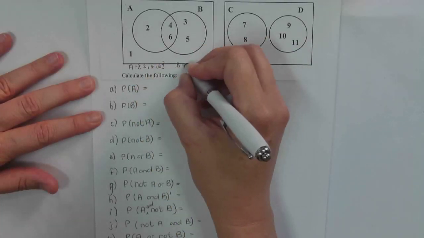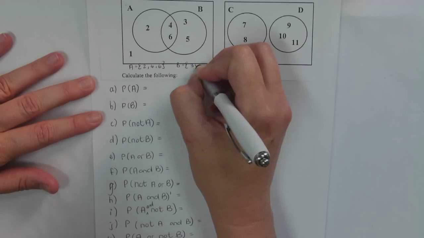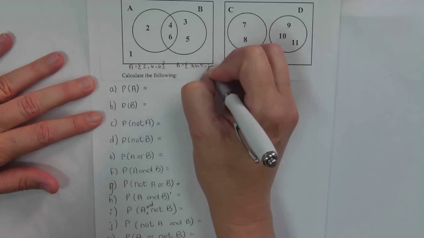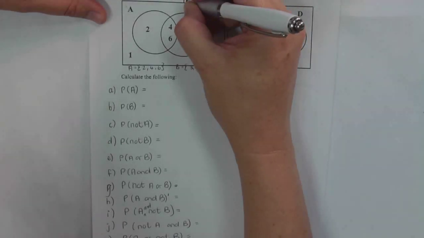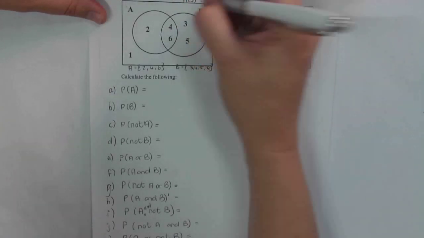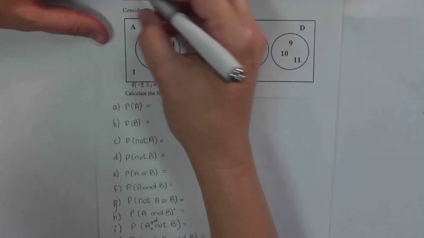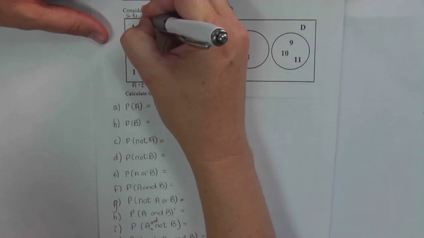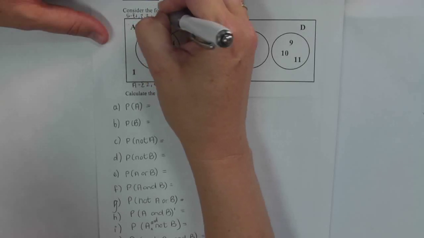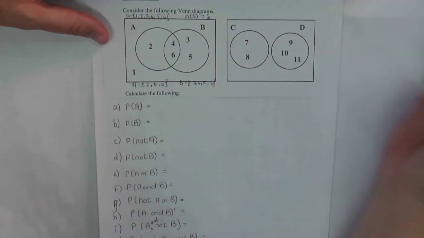And B will be 3, 4, 5, and 6. So my number of values in my sample space: my sample space is 1, 2, 3, 4, 5, and 6. There are 6 possible numbers.